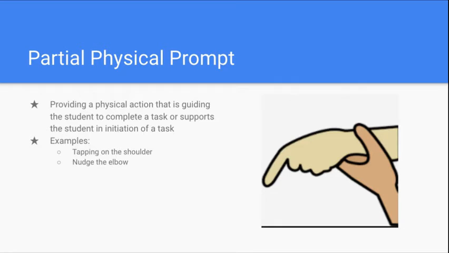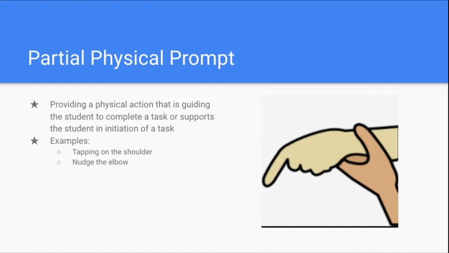A partial physical prompt. So a partial physical prompt is providing that physical action that is guiding the student to complete a task or support. So we could tap somebody on the shoulder, time to go, a little tap on the shoulder. Now they have that partial physical prompt of what they're doing.